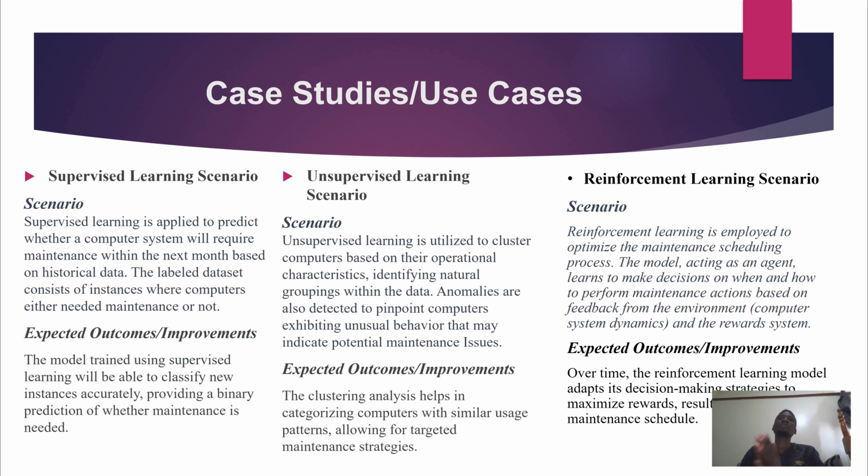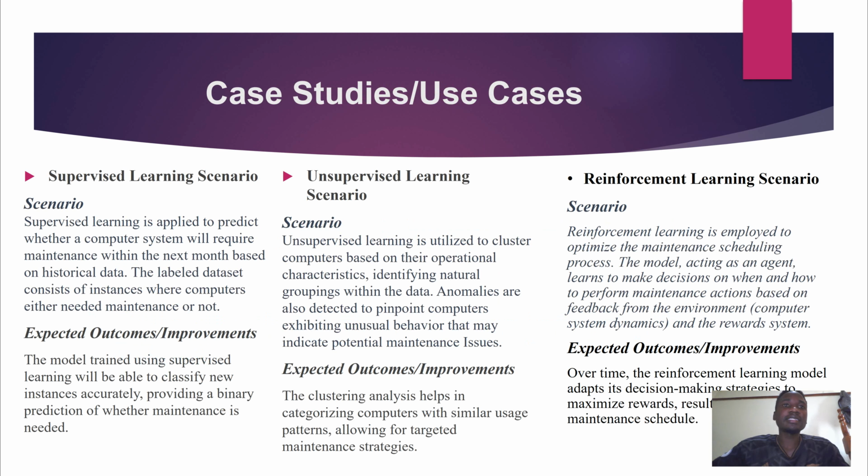So we shall look at use cases and scenarios in regards to the three different machine learning algorithms. So we have the supervised learning scenario, where supervised learning is applied to predict whether a computer system will require maintenance within the next month based on historical data.